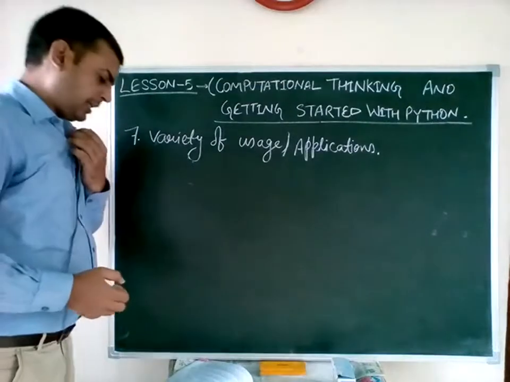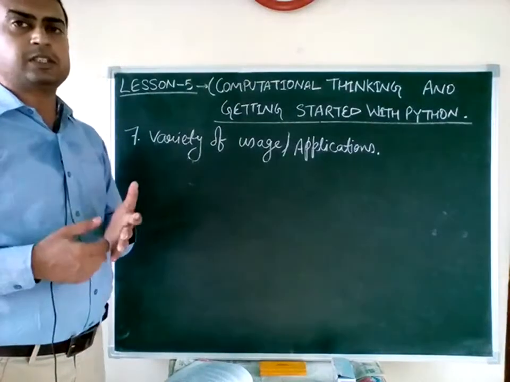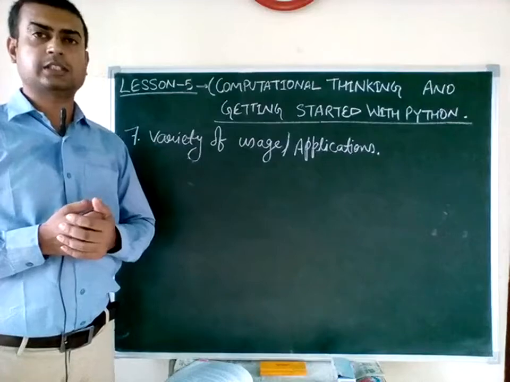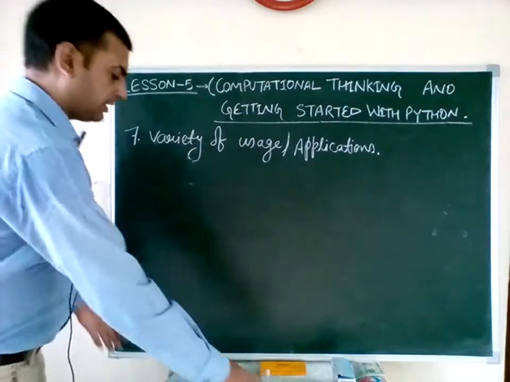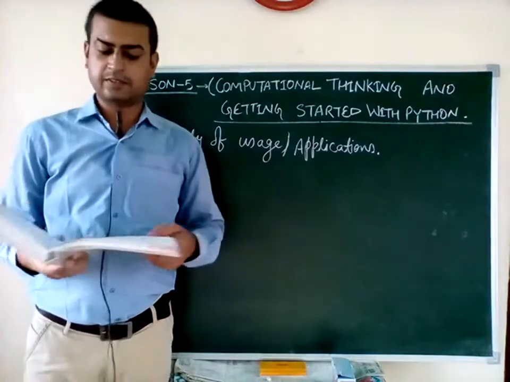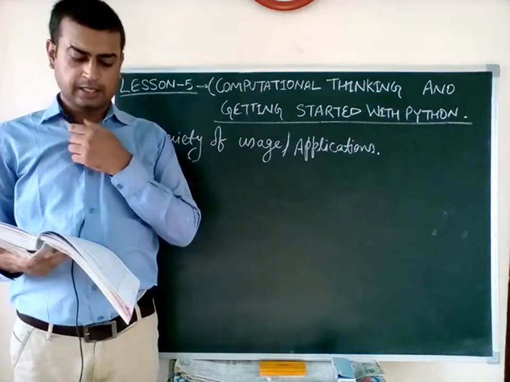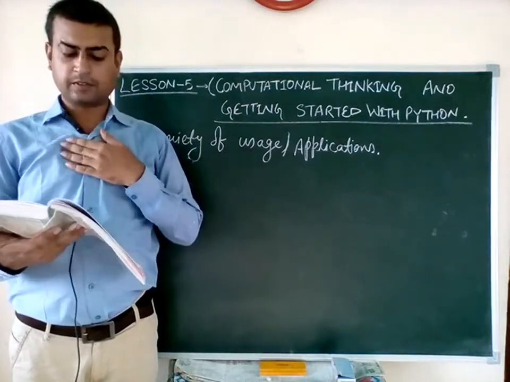Variety of uses and applications means in which sectors we can use this language. There are many fields in which we are using software. Python has evolved with its powerful completeness.